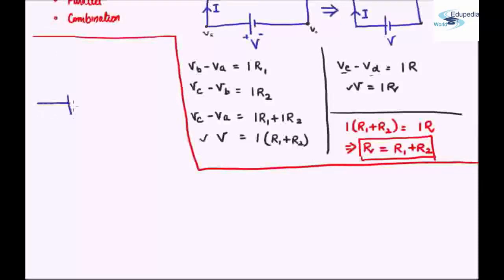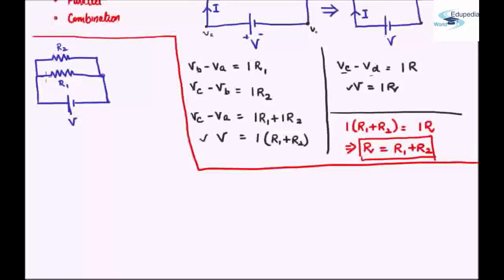We will have a battery, and then parallel resistances would be something like this. I will explain to you. Terminal voltage V, this is R1, this is R2.